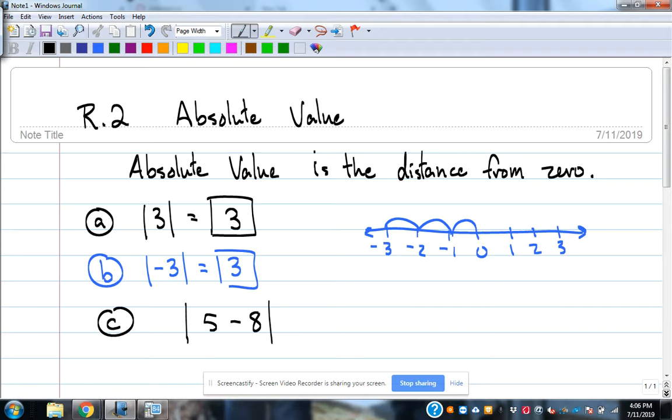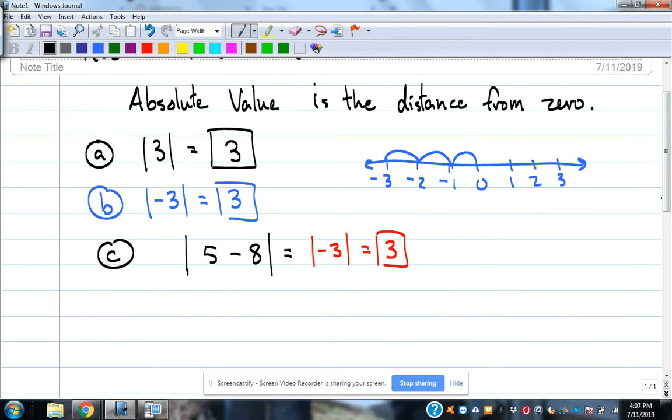You're doing the work inside first, and that's going to be the absolute value of -3. And then we already know that that's 3, right? So order of operations wise, it's the same ranking as a parentheses or a bracket: parentheses, exponents, multiplication, division, addition, subtraction, in that order.